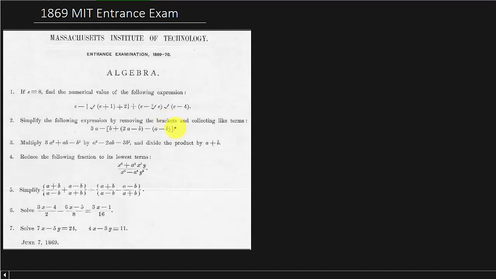So let's go ahead and do this one. This is number 1. I think we'll have enough room here. We've got 8 minus parentheses square root of 8 plus 1 plus 2 close parentheses plus parentheses 8 minus the cube root of 8 close parentheses times the square root of 8 minus 4.